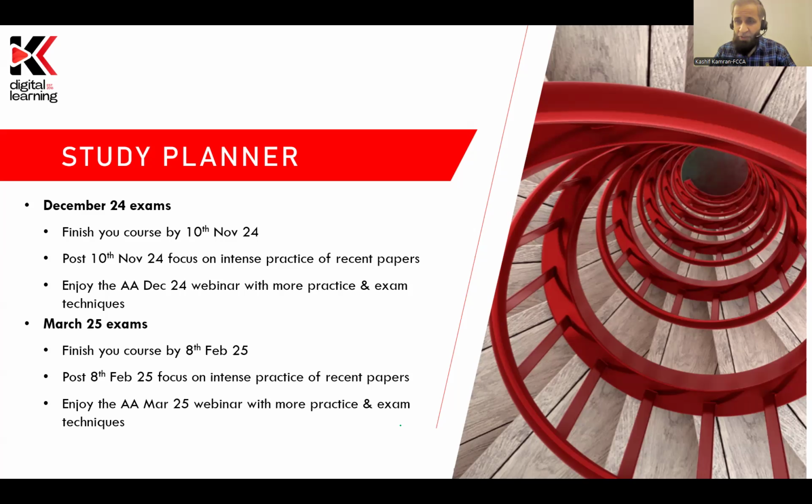I'll show you the recent papers shortly on the practice platform. The recent papers are a total of 7, and you will be investing a lot on those 7 recent papers after the 10th of November. And enjoy the AA December 24 webinar, which will be uploaded on the portal for December 24 students. This is the extra 6 to 7 hours I mentioned, which will cover more practice.